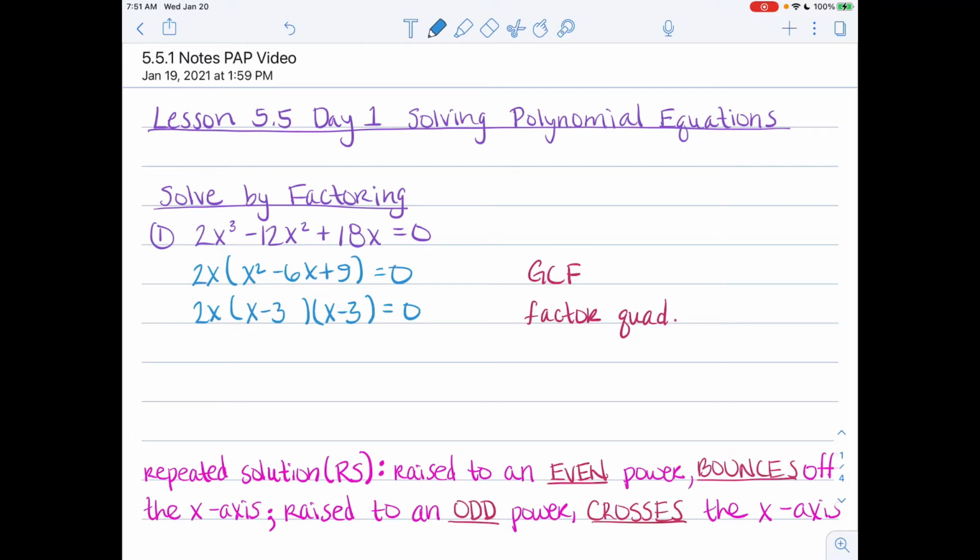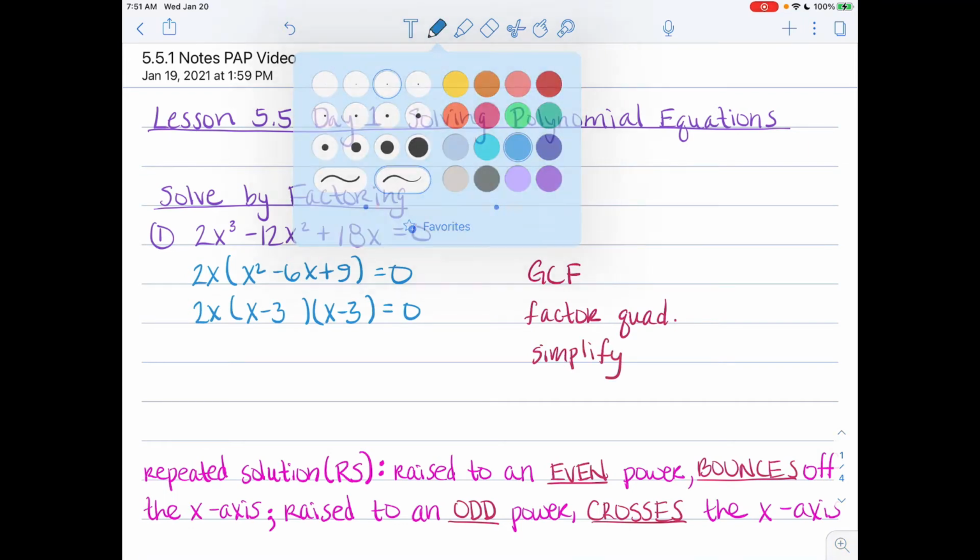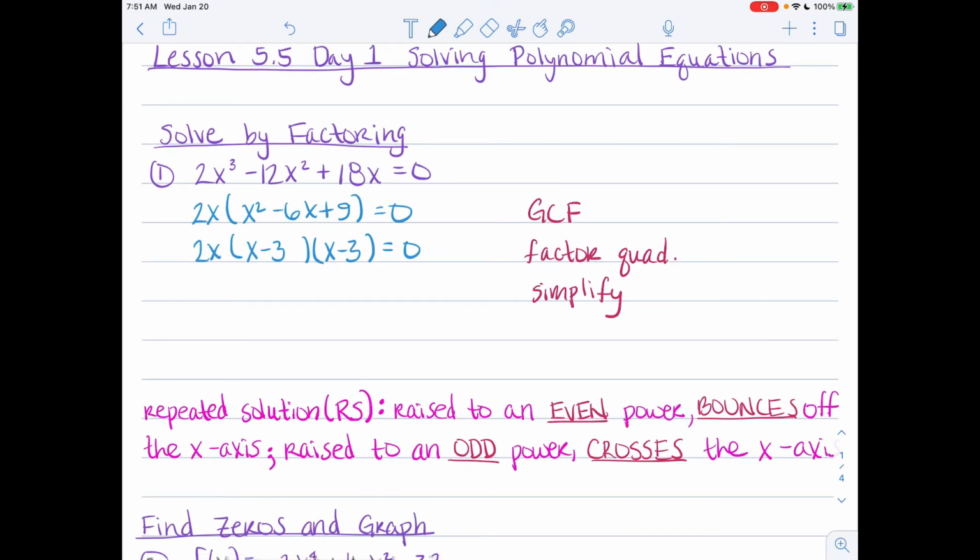We can simplify this a little bit by combining the x minus 3's. Notice that we have 2 of the exact same factor. So we can say 2x and then x minus 3 squared is equal to 0.